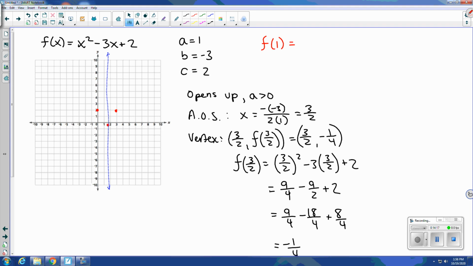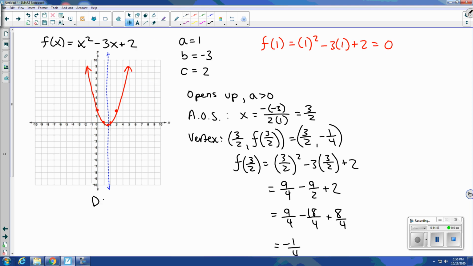So when x is 1, what is the y? We're going to get 1 minus 3 plus 2, which is 0. So 1, 0. So half unit away, so another half unit away is at 2, 0. And we're going to get some picture that looks like this. We add in domain and range. Domain, still all real numbers.